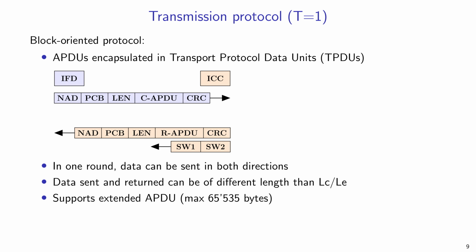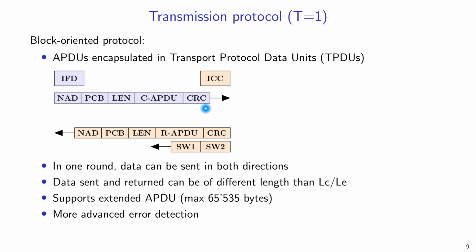T1 supports a feature called Extended APDU, which allows up to 65,000 bytes to be sent in a single APDU. The data can be split across several TPDU blocks and then reassembled by the recipient. T1 also provides more advanced error detection and handling. In the T0 protocol, a parity bit was sent after each byte transmitted over the wire in order to detect whether the byte had been received correctly.